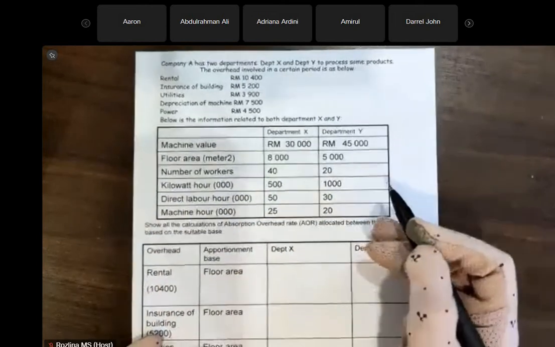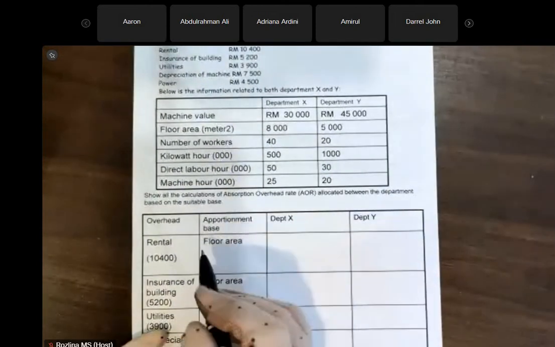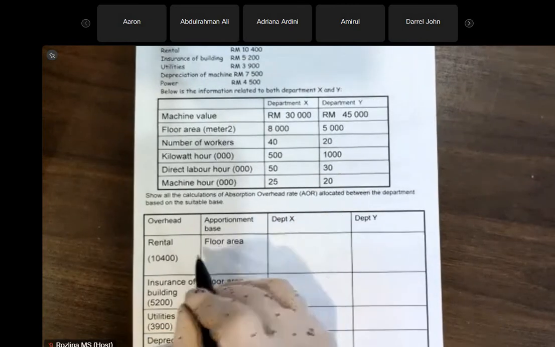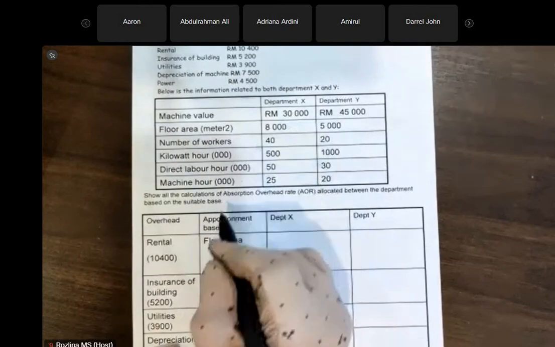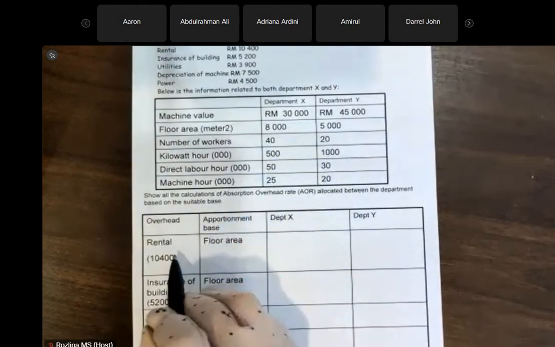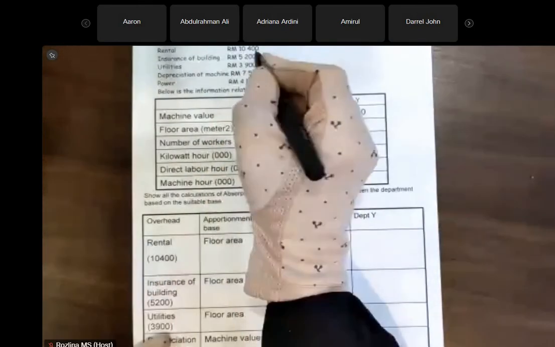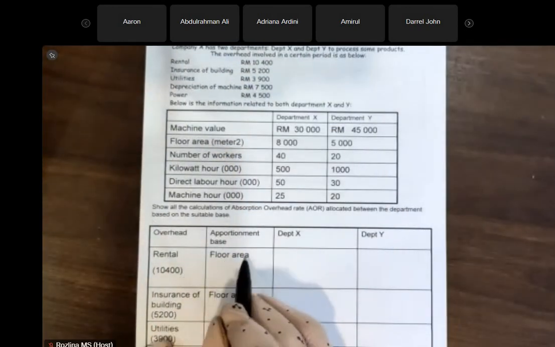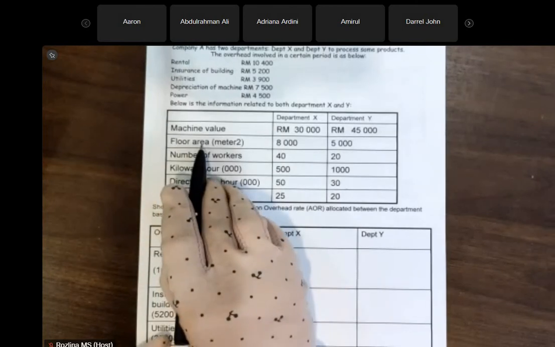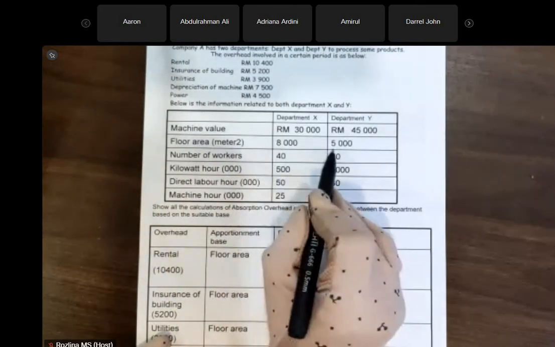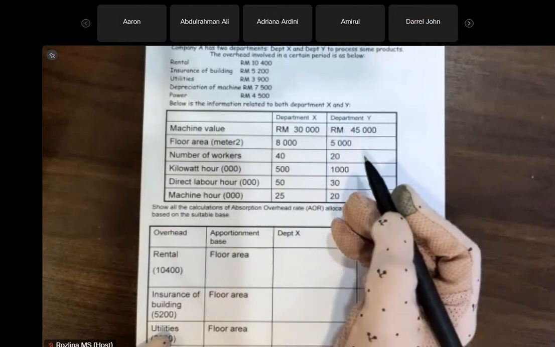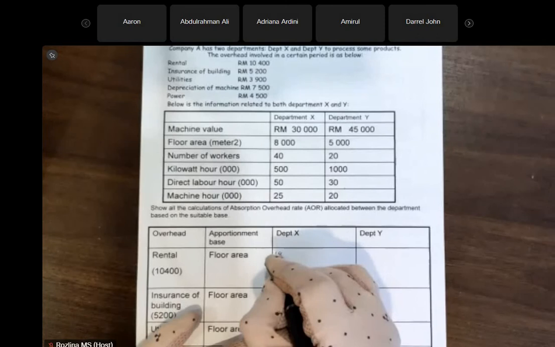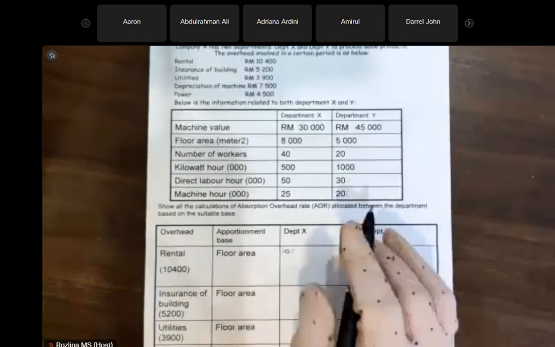Okay, how to calculate the portion? First, for rental, we have 10,400. So based on floor area, you look at the floor area. We have 8,000 and 5,000. So you make it a portion.